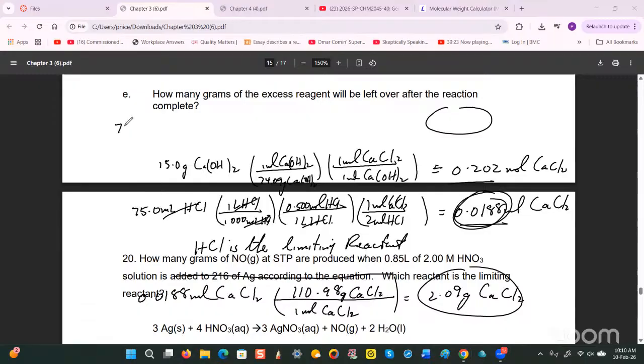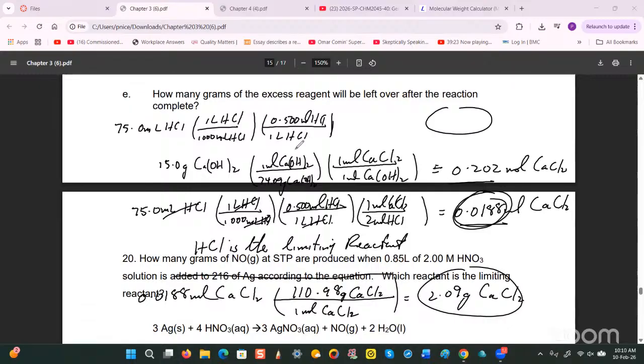So 75.0 mL of the HCl, convert to liters, 1 liter of HCl over 1000 mL of HCl. And then the molarity, finding moles using the molarity, so 0.500 moles of HCl over 1 liter of HCl.